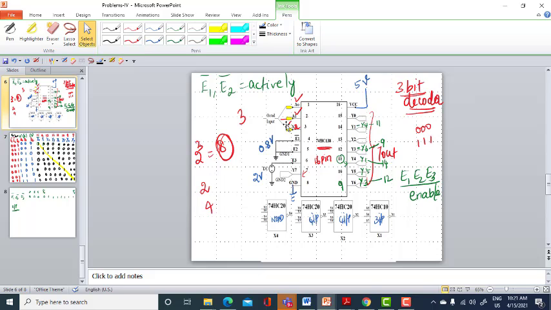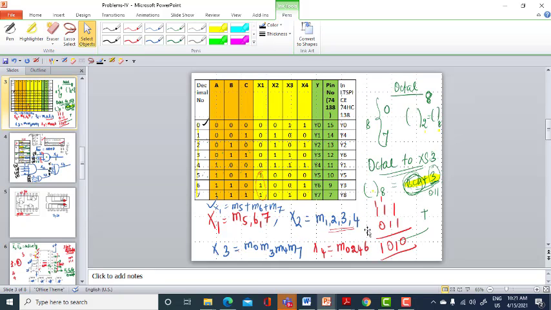You have three inputs, A0, A1, A2, of the decoder. We are going to give an octal input here. X1 has minterms 5, 6, 7 and X2 has 1, 2, 3, 4.